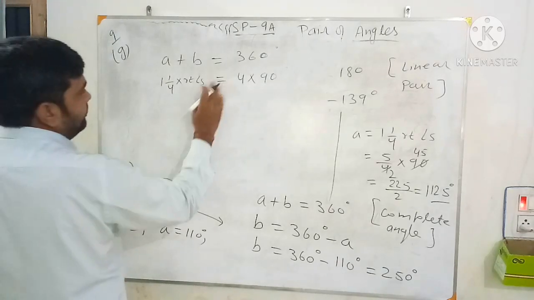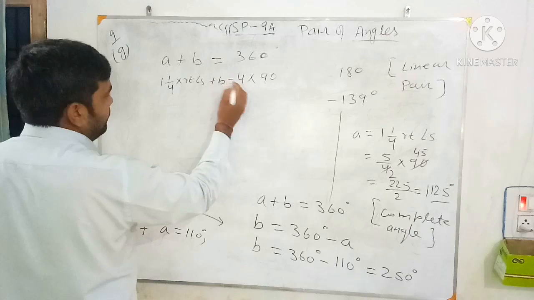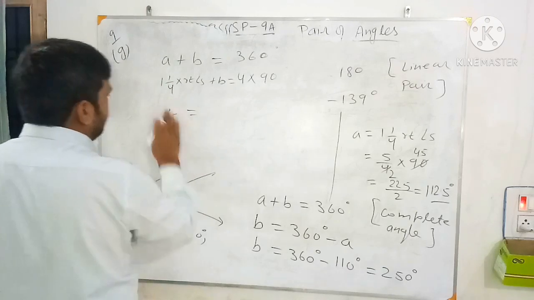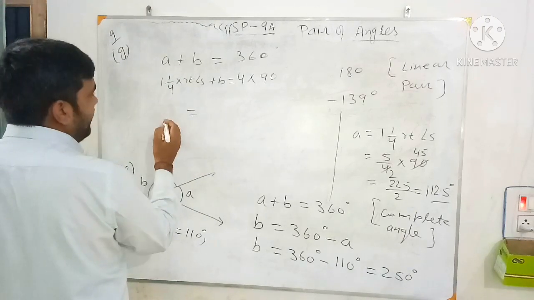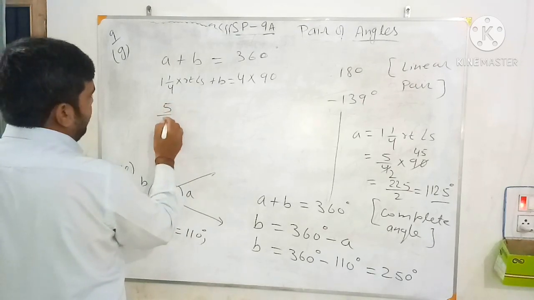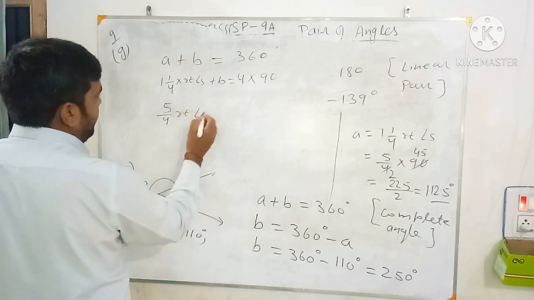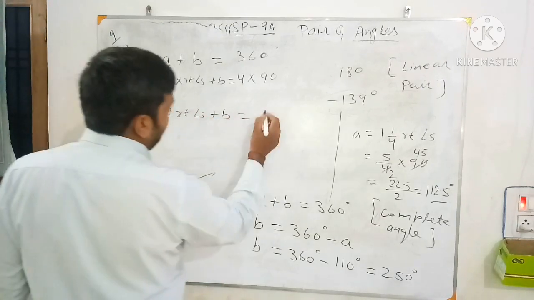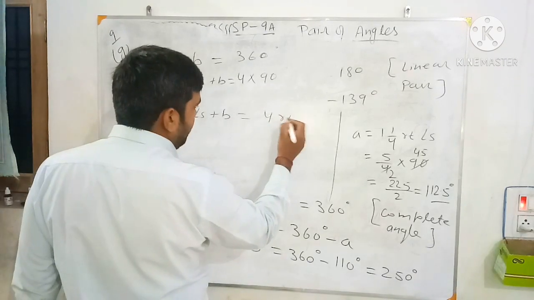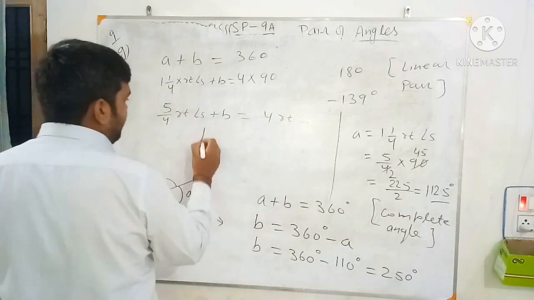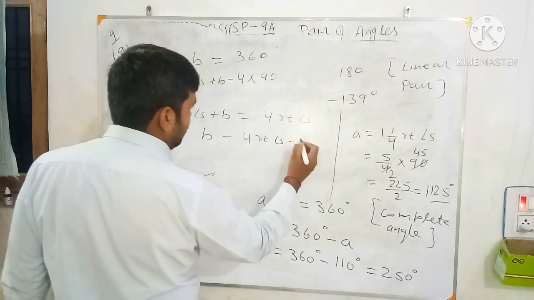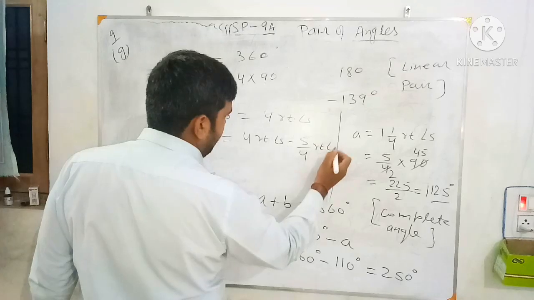Now 1 by 4 right angle plus B equals to, 4 1s are 4, plus 1 is 5, or you can write here 5 by 4 right angles plus B, and 4 into 90 degree. 90 means a right angle, so that is 4 right angles. Now B is equals to 4 right angles minus 5 by 4 right angles.